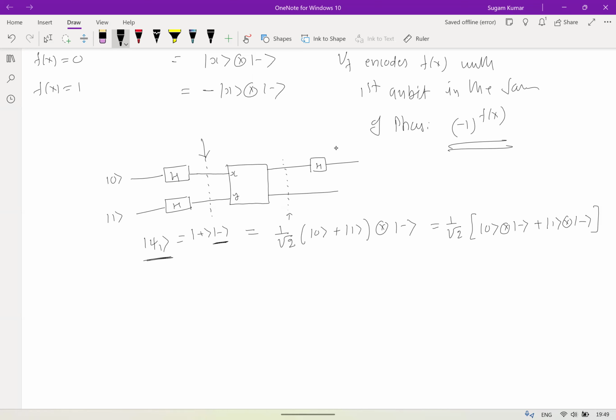And now I'm going to apply the Oracle. This Oracle is going to apply on the psi 1, which means it is going to apply on this state, plus and negative.